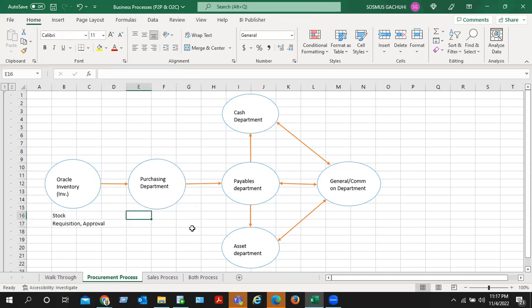the purchasing department. And in the purchasing department, we have seen that we usually raise RFQs. After raising RFQs, of course, they have to be approved.